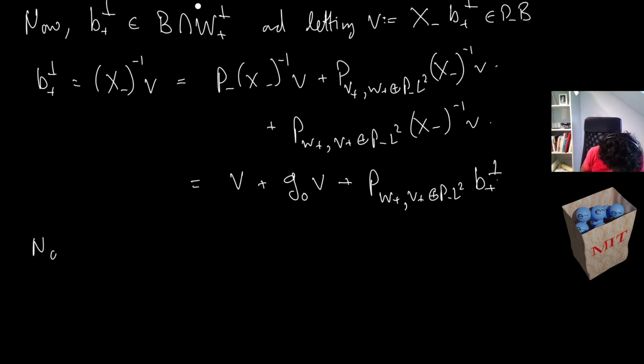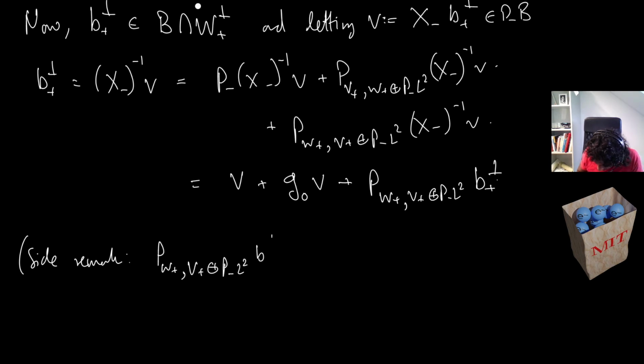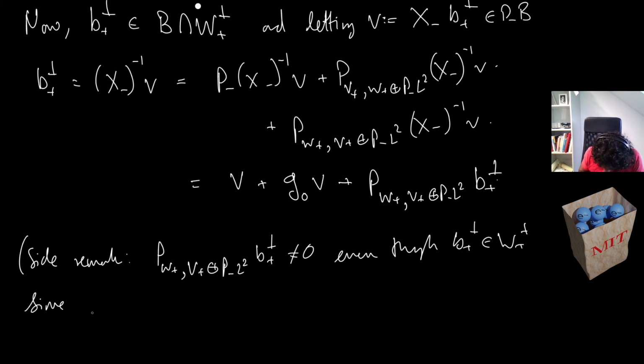So this is a side remark: PW plus V plus P minus L2B plus perp is not necessarily zero, even though B plus perp is in W plus perp, since this projection is not along W plus perp.